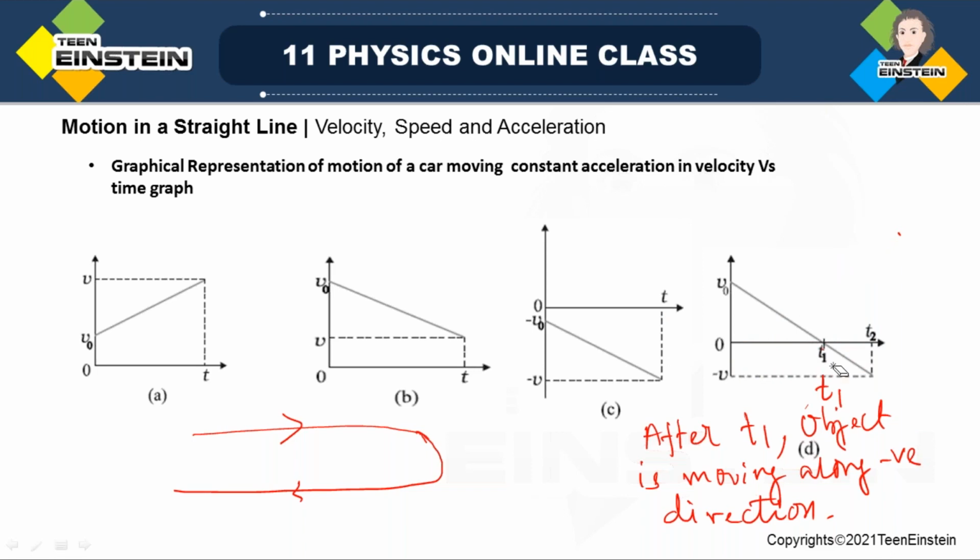When there is a turning, you'll see this kind of curve, and obviously it is moving with the same acceleration in both directions, both positive and negative.